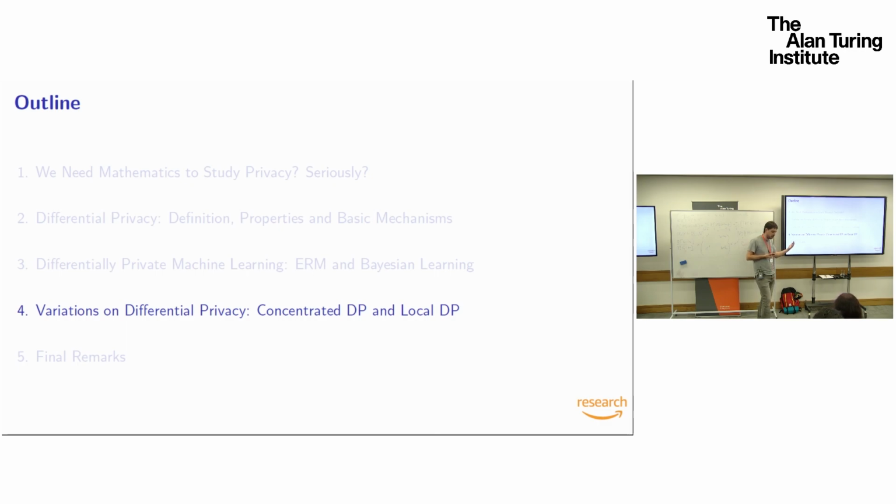And you have the composition theorem and the advanced composition, and these are kind of good, but they're still not optimal in some sense. So that's one of the reasons that has motivated people to look at other definitions of DP that have better composition properties, and one of these is concentrated DP that I'm going to explain now.